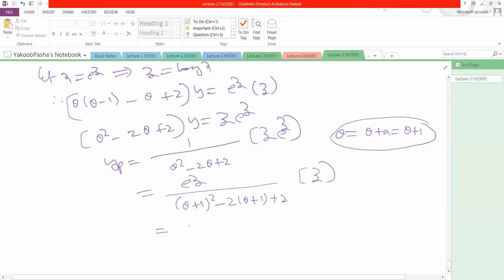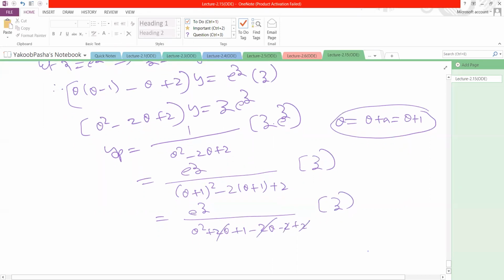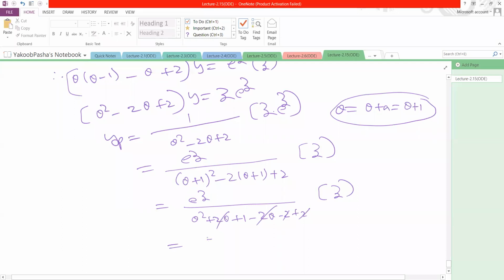So here e power z divided by theta square plus 2 theta plus 1 minus 2 theta minus 2 plus 2. You can cancel it directly. 2 theta and 2 theta will be cancelled. So this is equal to e power z by 1 plus theta square, of z.